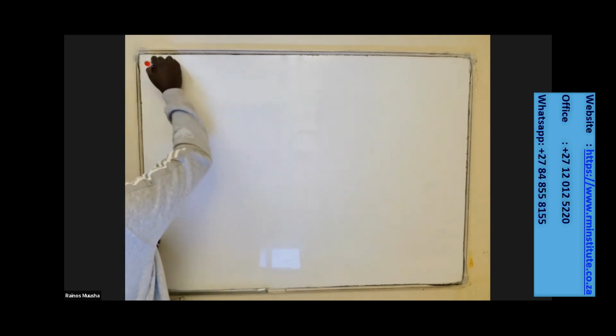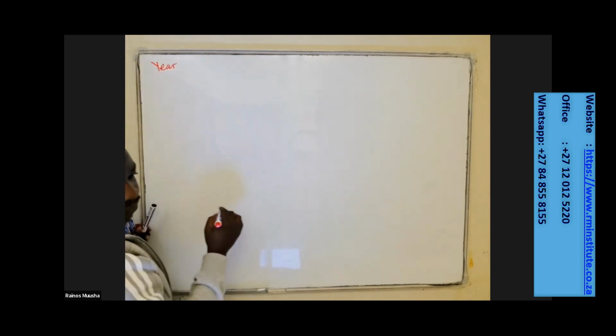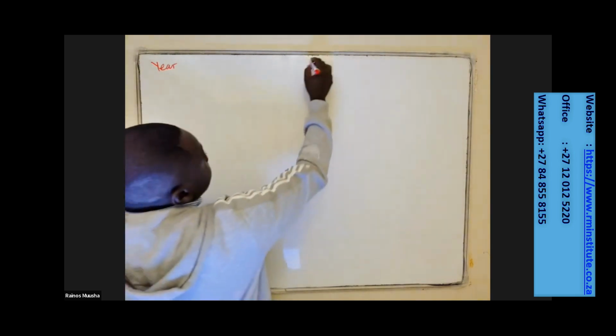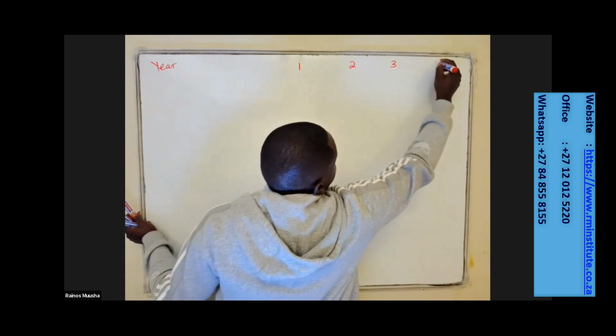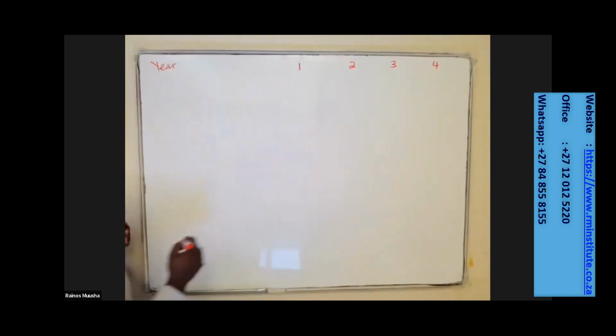So in this case, we have the years 1, 2, 3, 4. So we have the 4 years that we're expecting to use this new equipment.